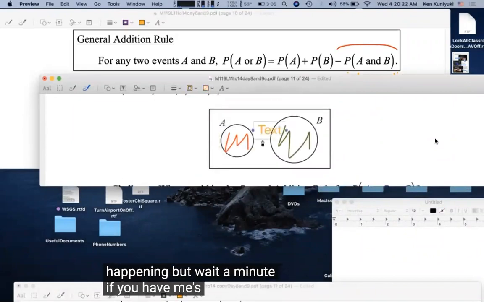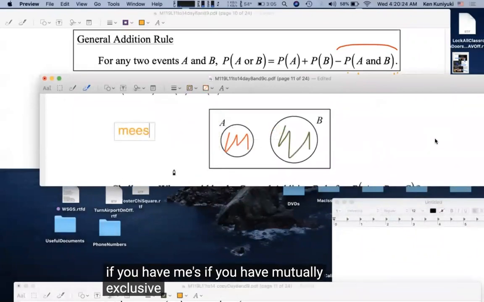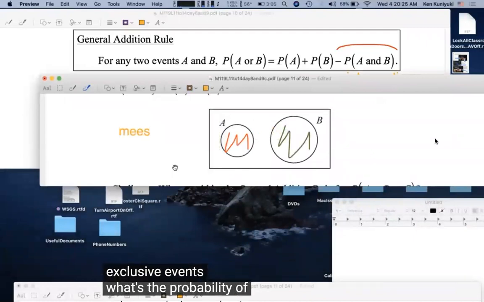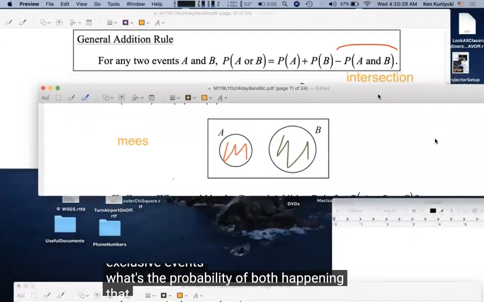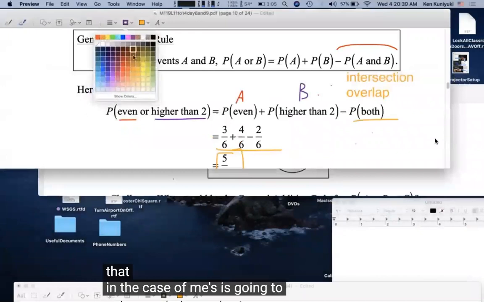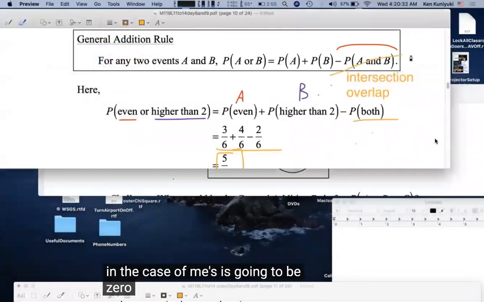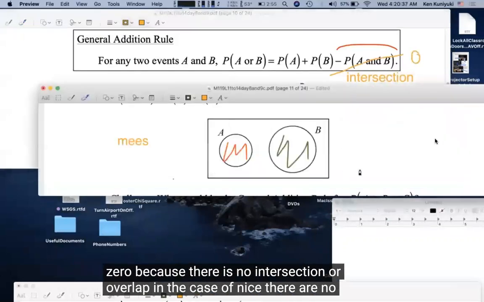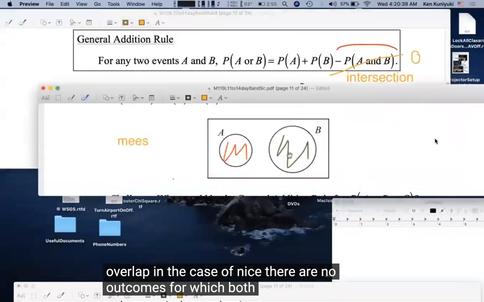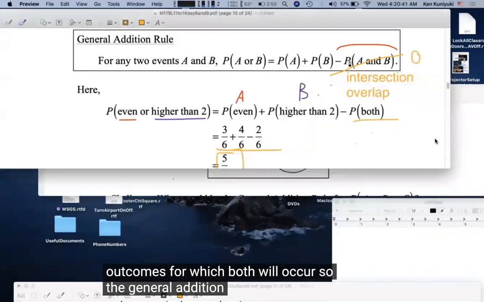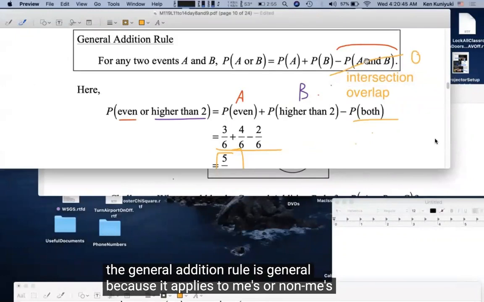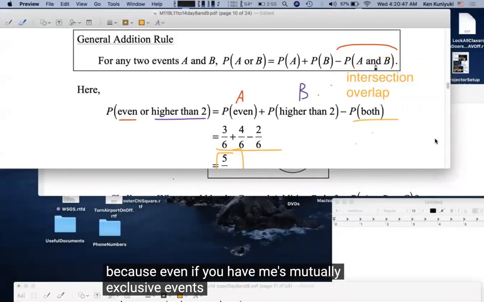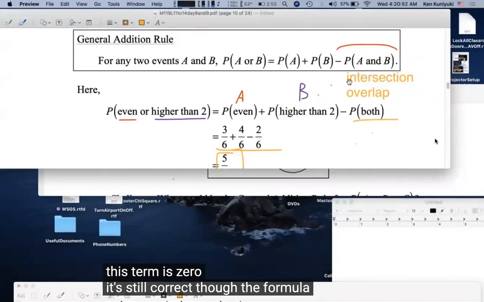If you have MEs, if you have mutually exclusive events, what's the probability of both happening? That, in the case of MEs, is going to be 0. Because there is no intersection or overlap in the case of MEs. There are no outcomes for which both will occur. So the general addition rule is general because it applies to MEs or non-MEs. Because even if you have MEs, that just means that this term is 0. It's still correct, though, the formula.